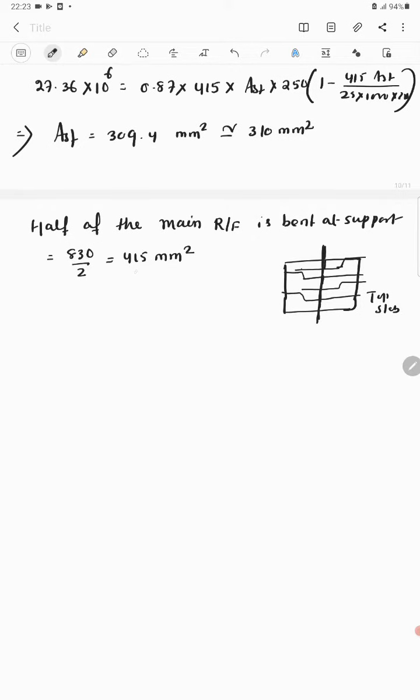So we have already this much area of bar at the support, and what is the required area at the support? 309.